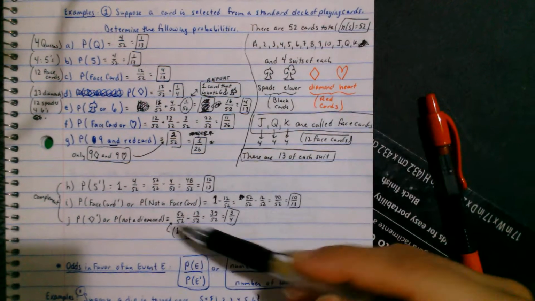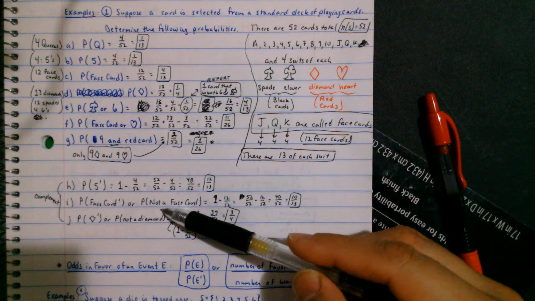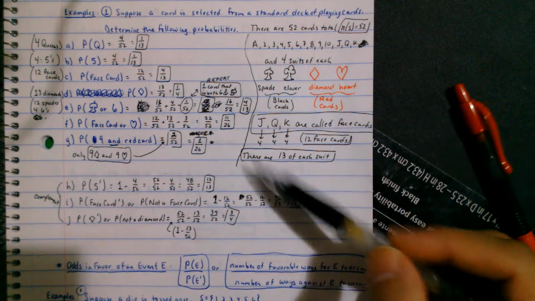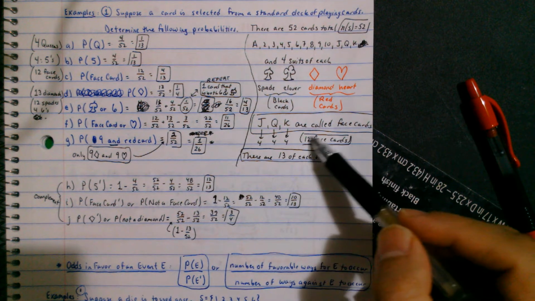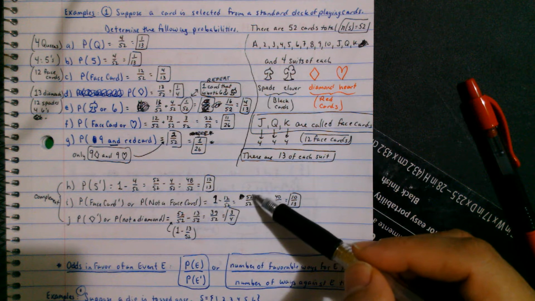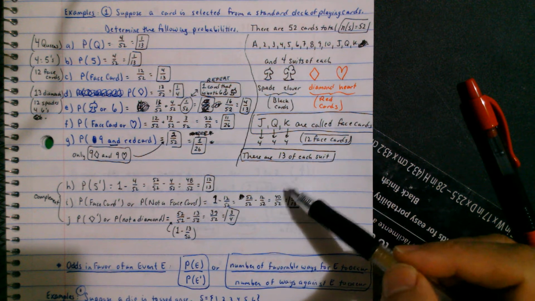So the probability of not getting a face card, complement, or if you want to write it out in words, the probability of not getting a face card. Well, if there are 12 face cards, and there's 52 total cards in the deck, 52 minus 12 means 40 of them are not face cards.